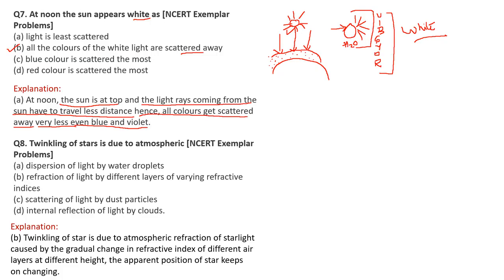The second reason, if you see very carefully, these rays are nothing but normal to the atmosphere. So minimum refraction of light is taking place. Due to this reason also we see only white light, because hardly there is any change in the component of light, right?